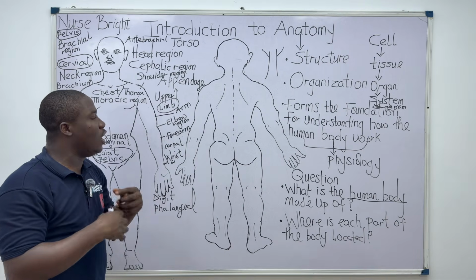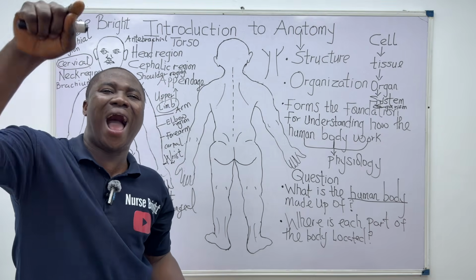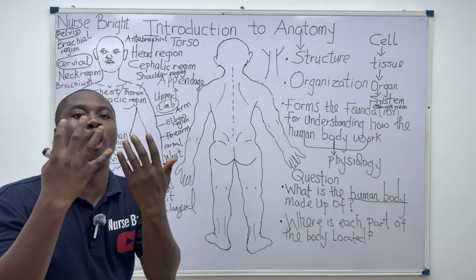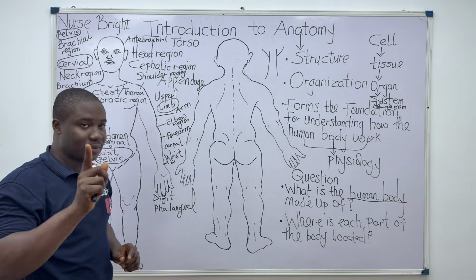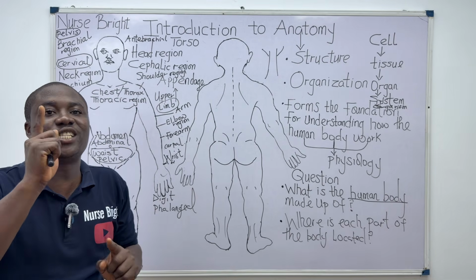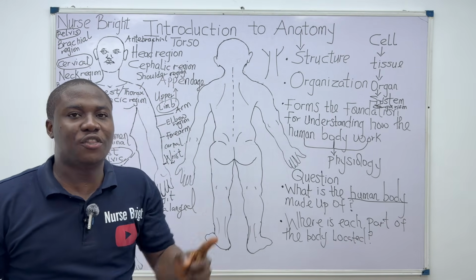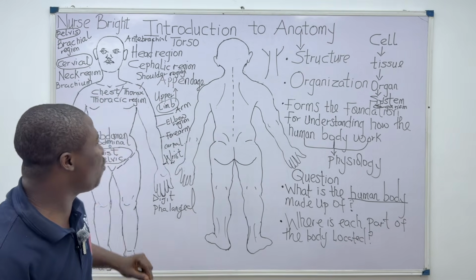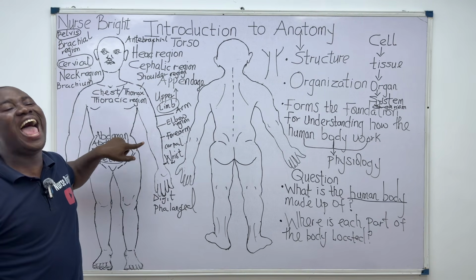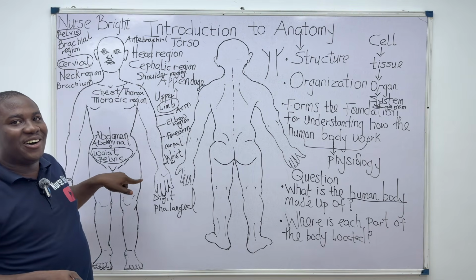But I want you to try and describe to me where your forearm is. I'm not going to point anything. Is your forearm a region of the upper limb between the shoulder and the elbow, or the elbow and the wrist?